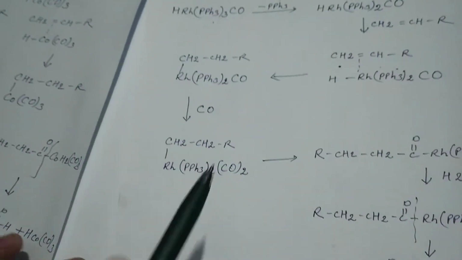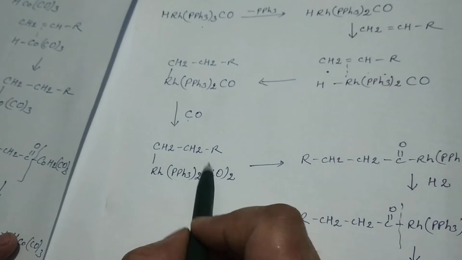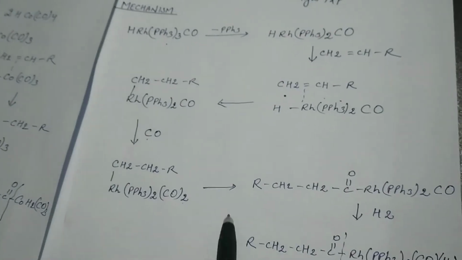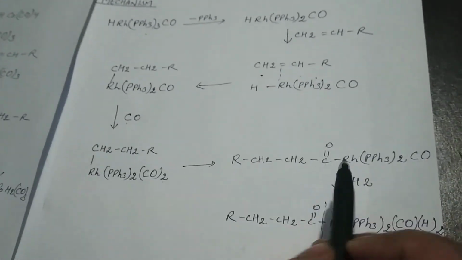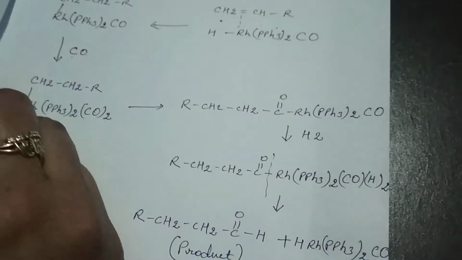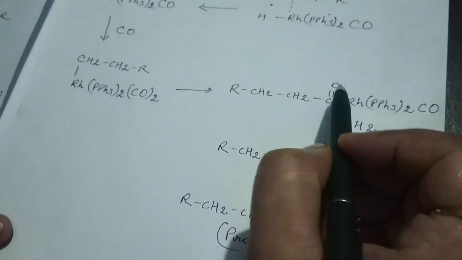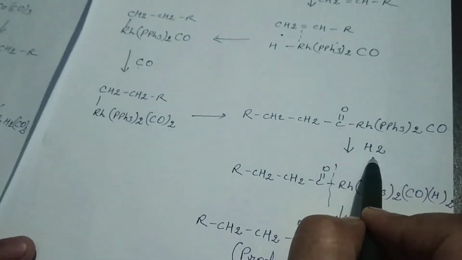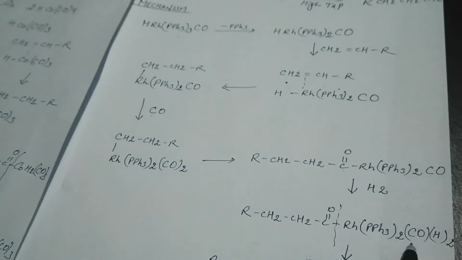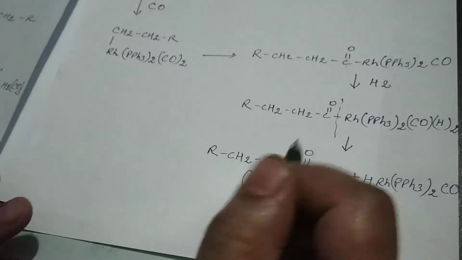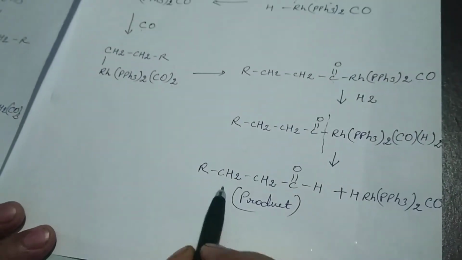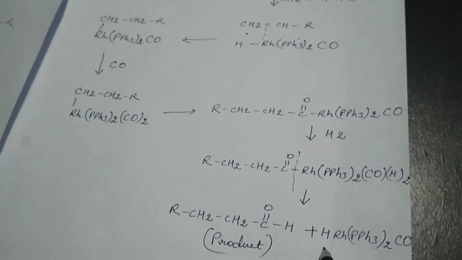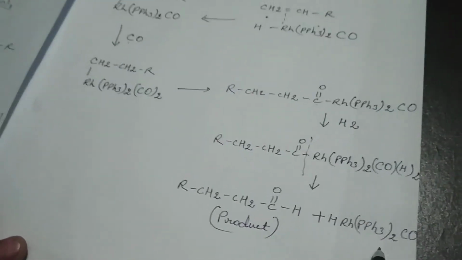This rhodium accepts one CO molecule, forming this species, in which one CO molecule is inserted between this alkyl group and the metal, that is rhodium, and now it becomes a single CO and combines with hydrogen, forming the hydridoacyl derivative of rhodium. It undergoes a reductive elimination reaction, forming the aldehyde, and again this catalyst is regenerated. Hence the catalytic cycle is completed.